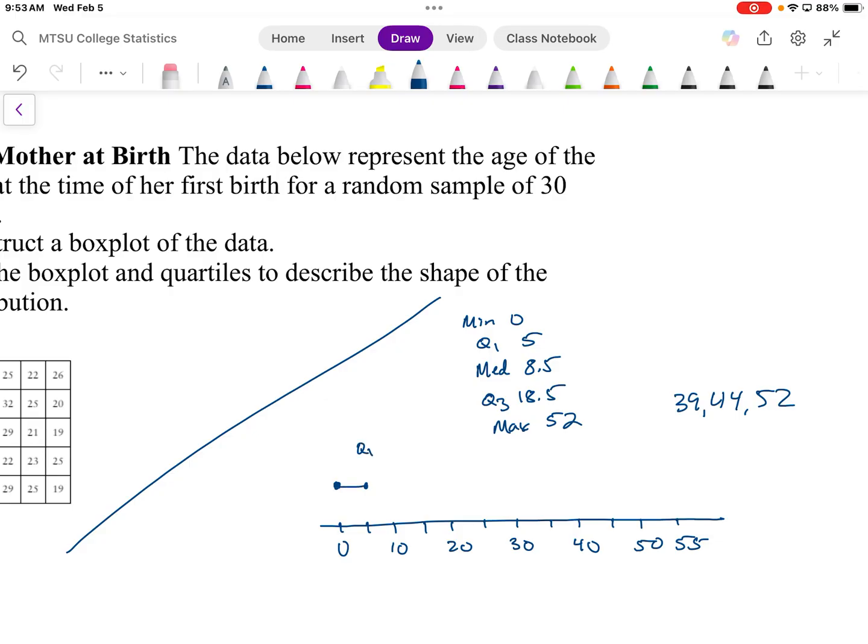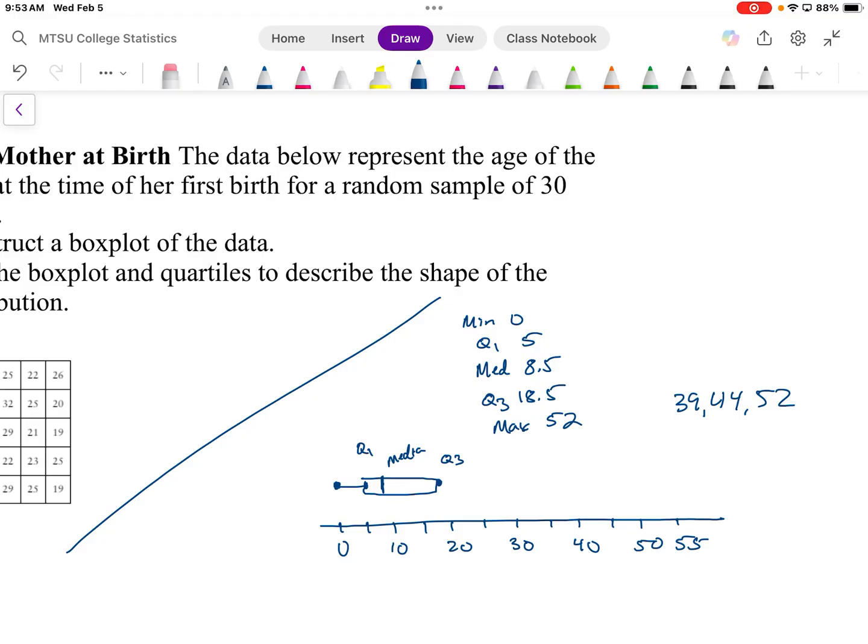So there's my little whisker. The median was 8.5. So that's somewhere about right here. I'm going to put that for my median. Q3 was 18.5, which was right about here. That's Q3. So I'm going to go ahead and draw my box here.